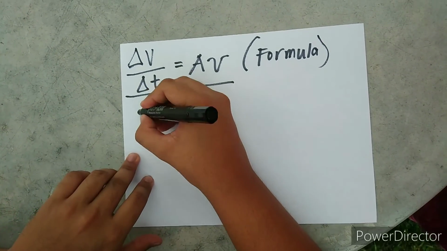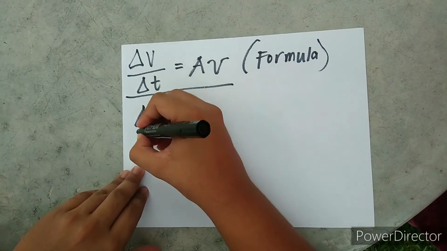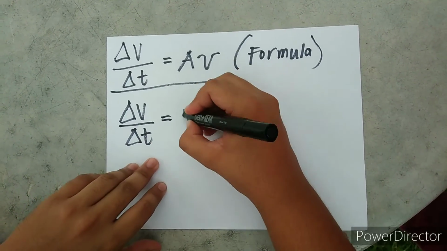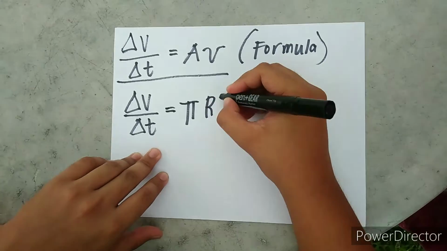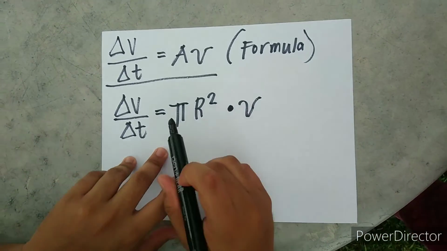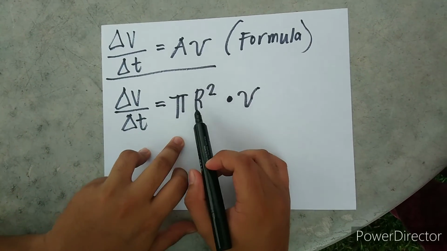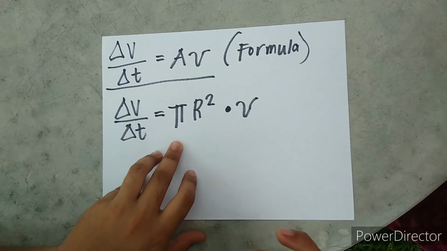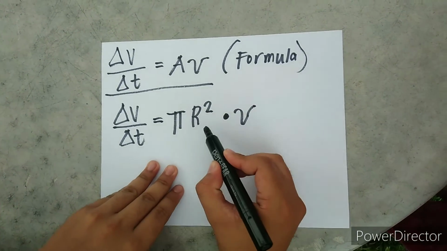So let us rewrite it. Volume flow rate is equal to cross-sectional area times speed of the fluid. You may wonder why we used pi r squared, because that is the cross-sectional area.